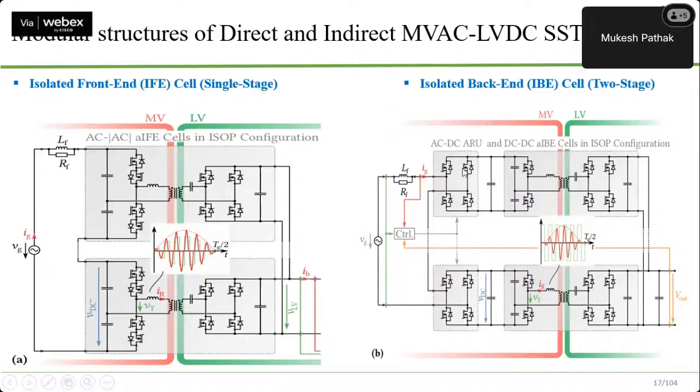And in this case, both of them are connected to the same source, same supply, and the output sides are connected in parallel. So here, output side in parallel configuration, and here, input side in series configuration.